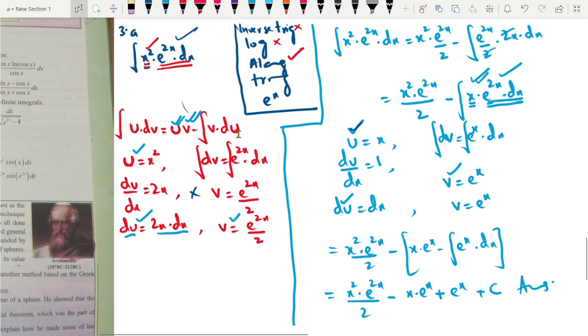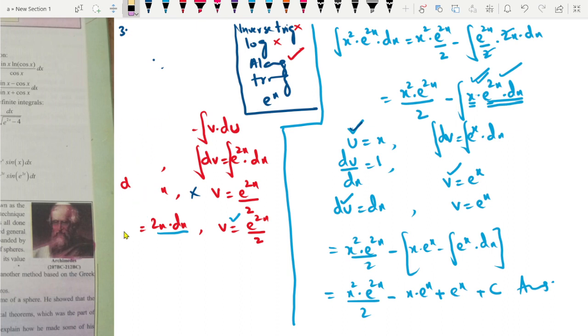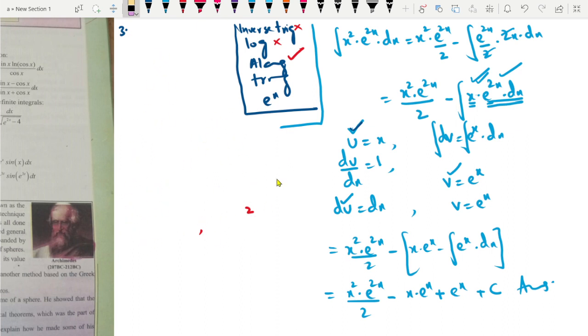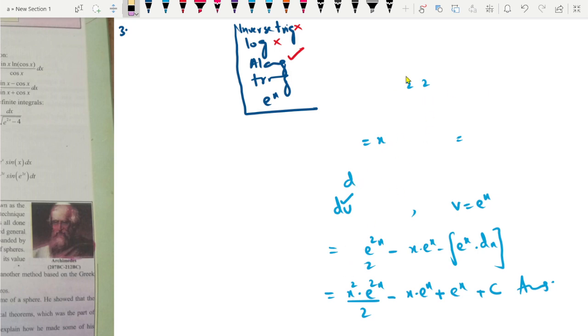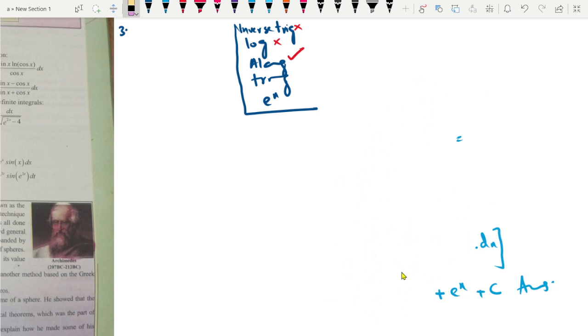Now we will discuss the second part of the question, part B of the question. We have to remember this preference of taking one function as u.